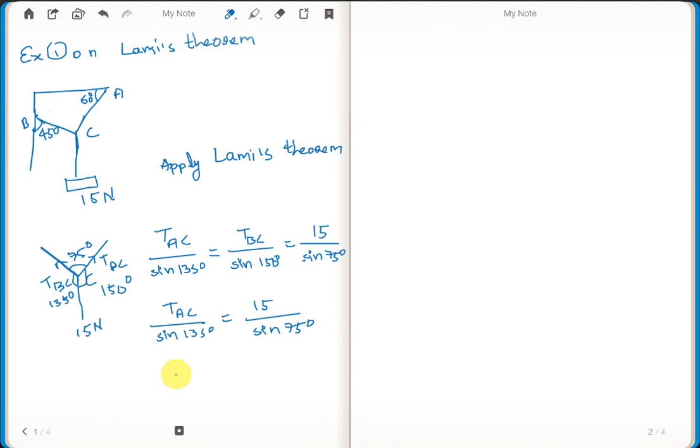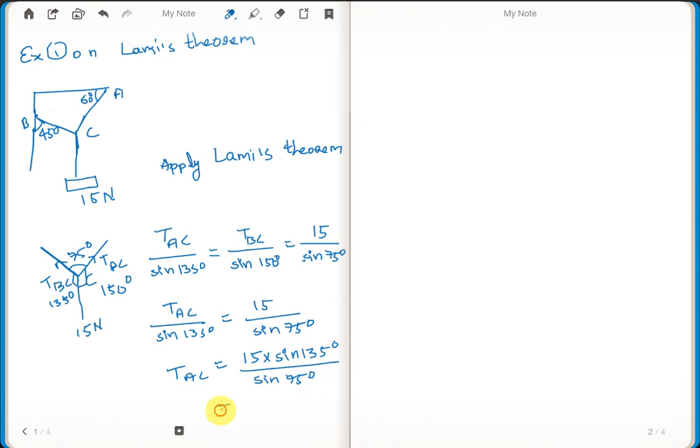So TAC is equal to 50 into sine 135 degrees divided by sine of 75 degrees.